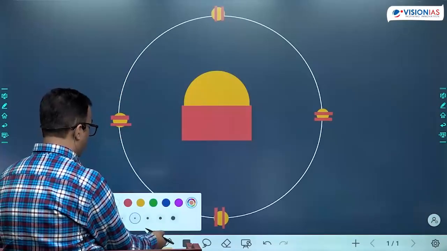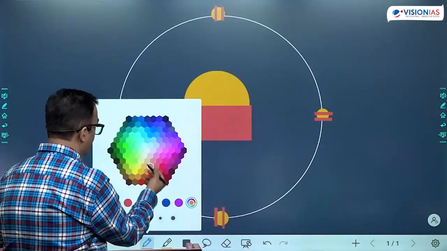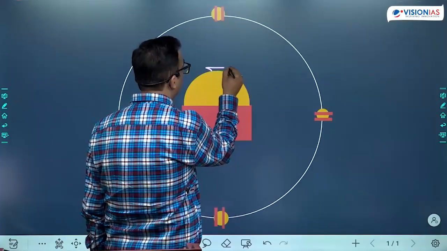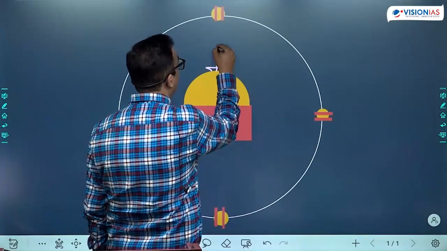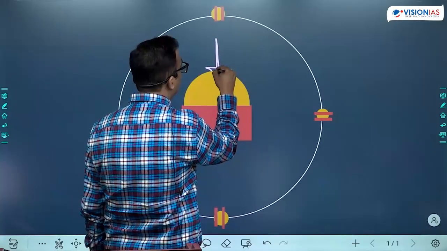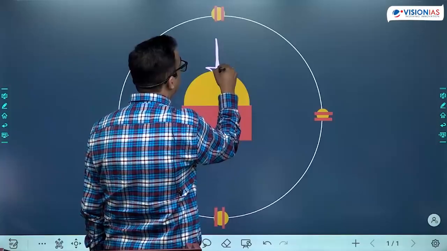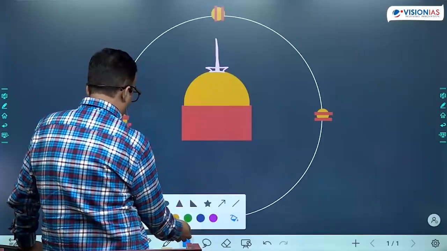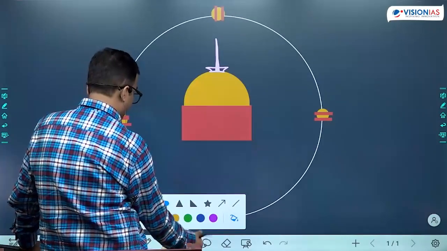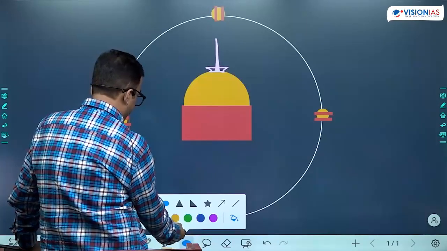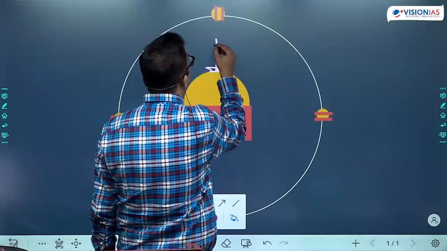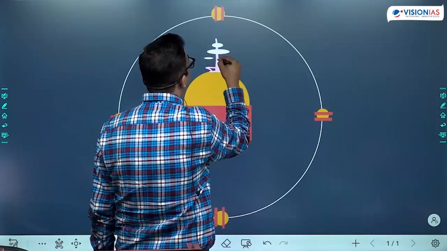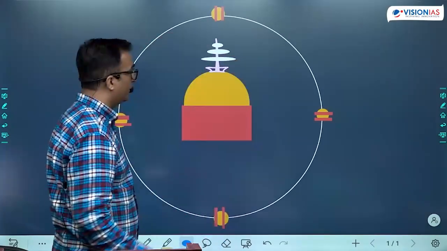So then on the top of it, what we need to create, that's it.